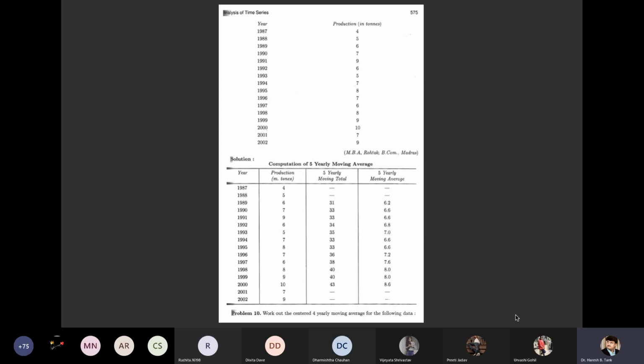The first entity is 31, the second entity is 33. What is next? 33 again. What is next? 34. What is next? 35. What is next? 33.